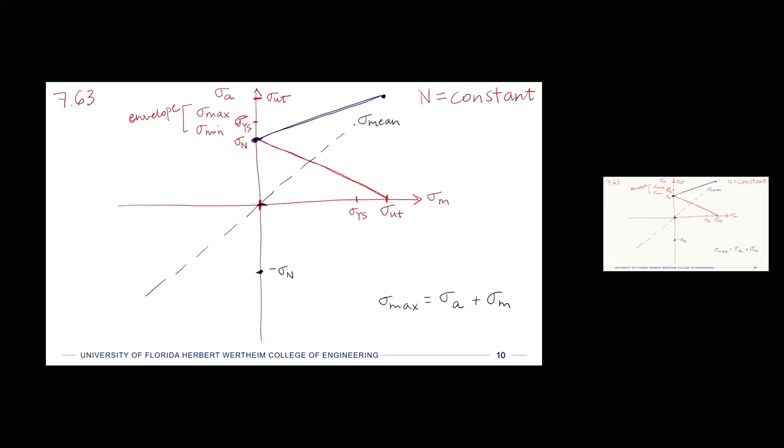Then we'll do the same thing for sigma min, which is sigma m minus sigma a.